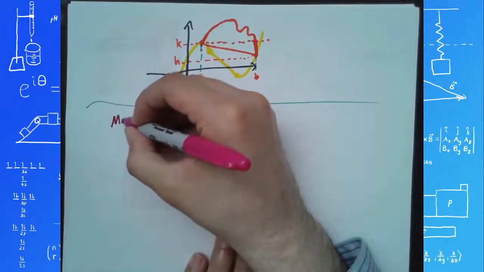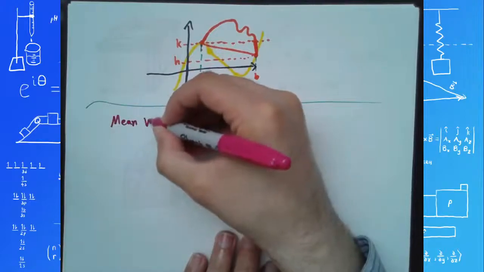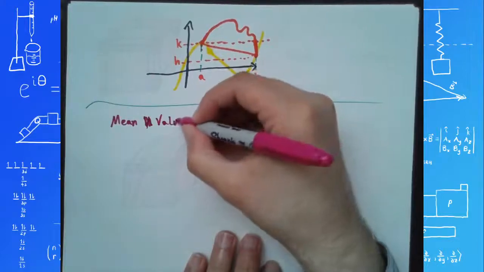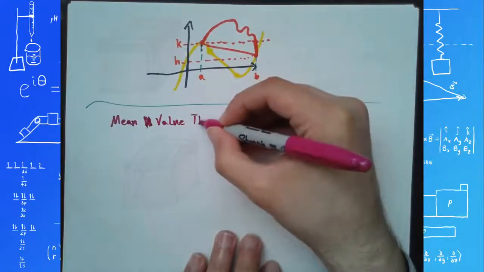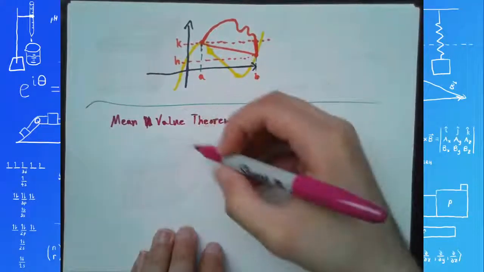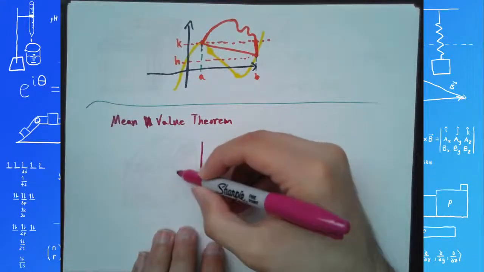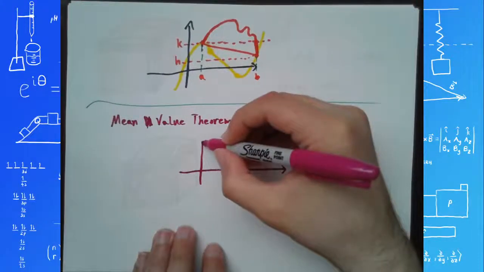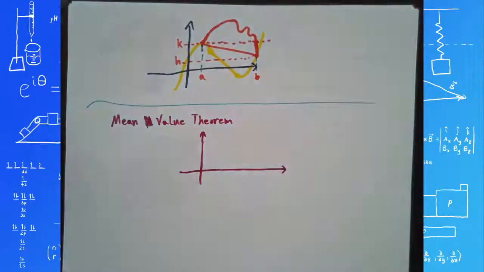So mean value theorem, whoops, that's not a V. Mean value theorem is really just the intermediate value theorem applied to derivatives, though that might not be obvious from the way they normally teach it to you.